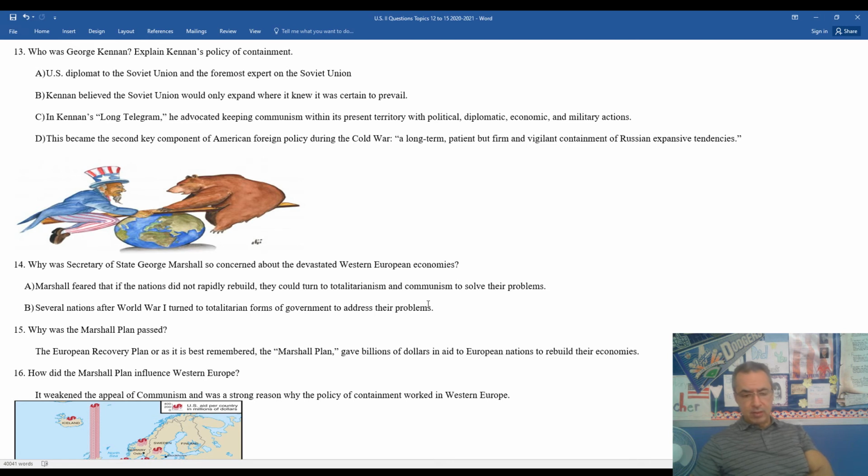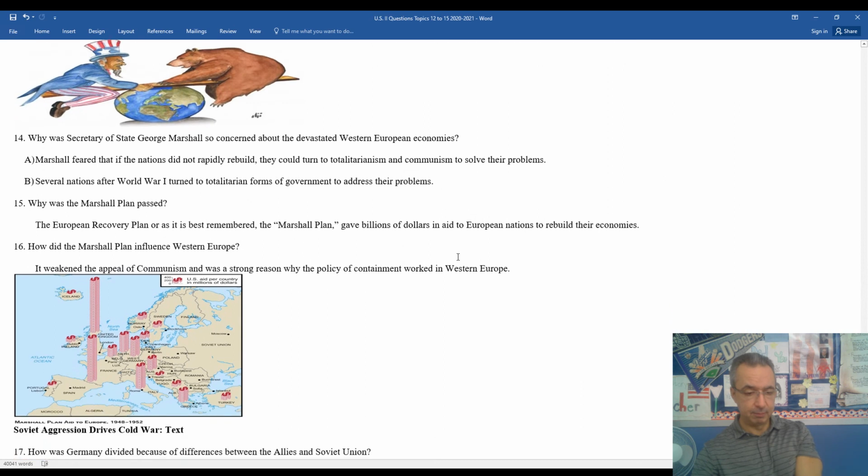So he proposed the European Recovery Plan, later nicknamed the Marshall Plan, to give billions of dollars in aid to European countries to help rebuild their economies. If we could be the big brother or parental figure to help out the struggling Western European economies, then perhaps they could be prevented from turning to communism.